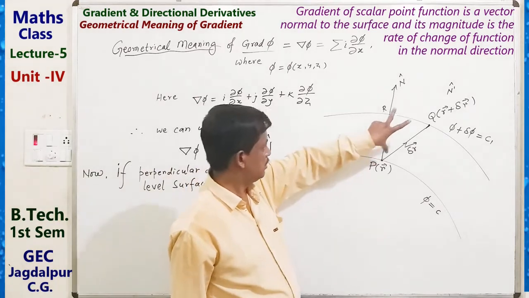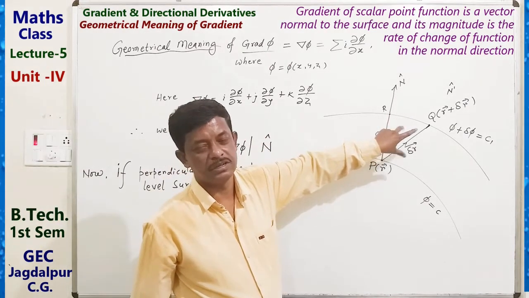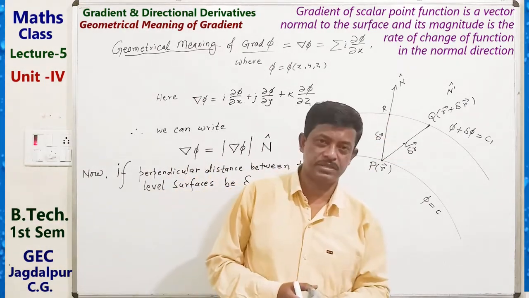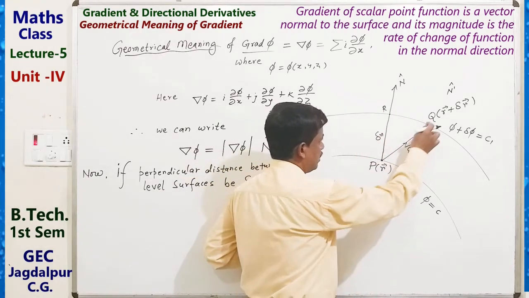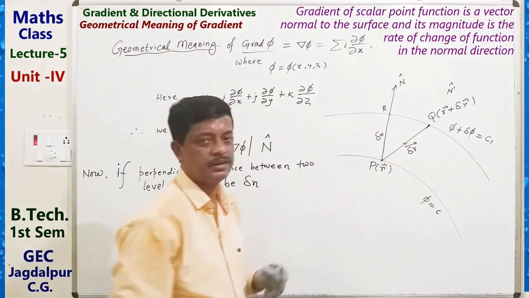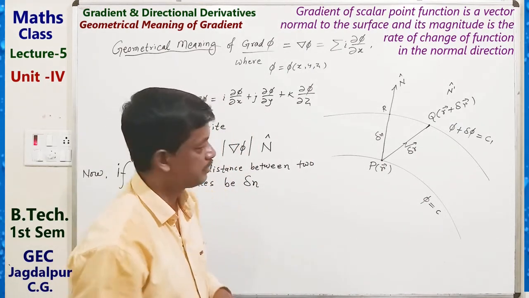This is the perpendicular distance between two level surfaces, delta n, and its distance is delta r.